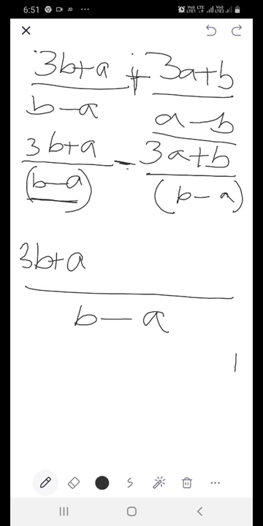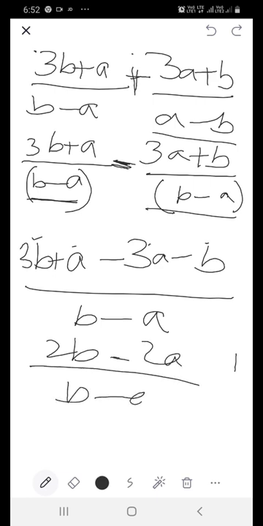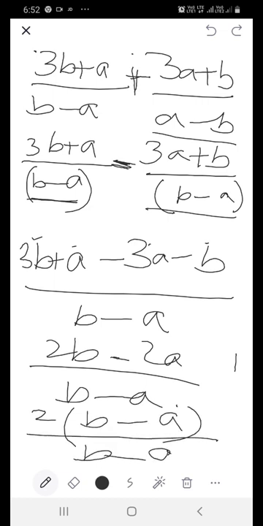As there is minus in between, the sign of both the terms will also change, because this is also b minus a, the same factor. And 3b minus b is 2b. a minus 3a is minus 2a. Upon b minus a, take 2 common in the numerator: 2 times (b minus a). This cancels out and the answer is 2.